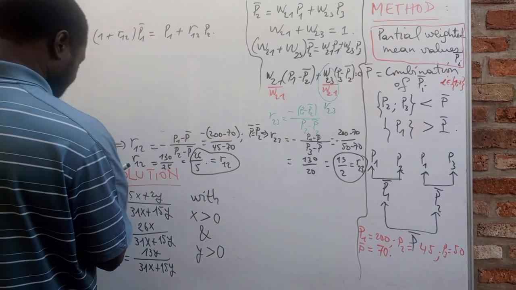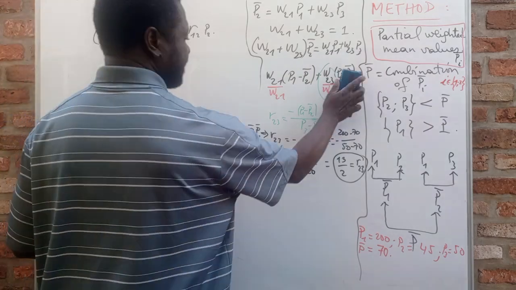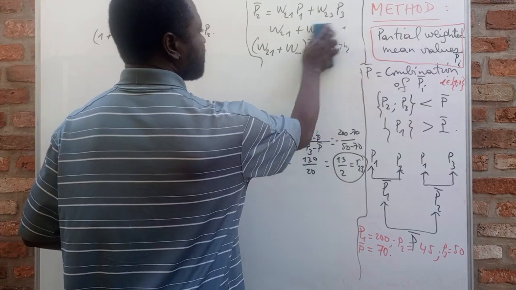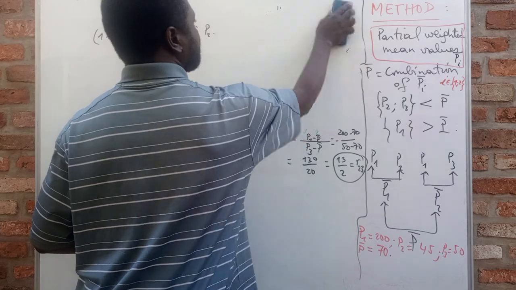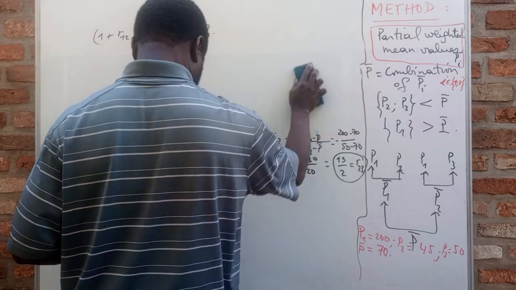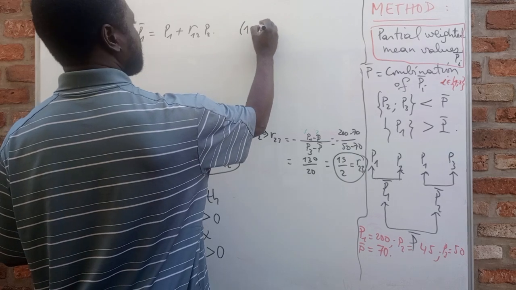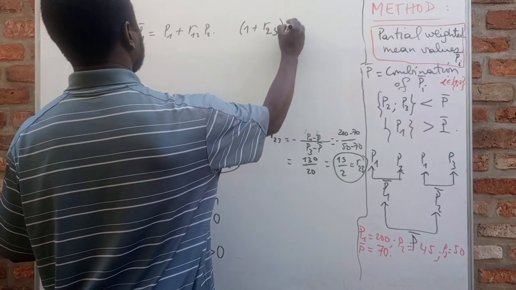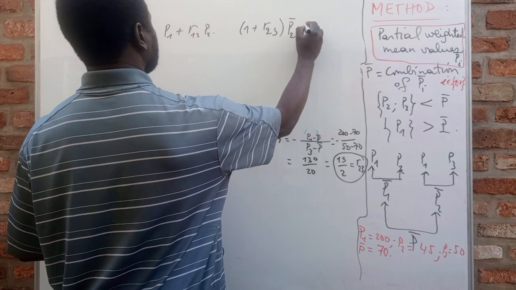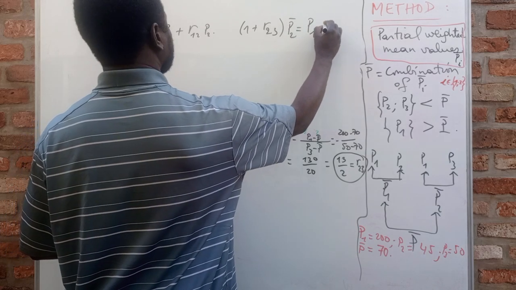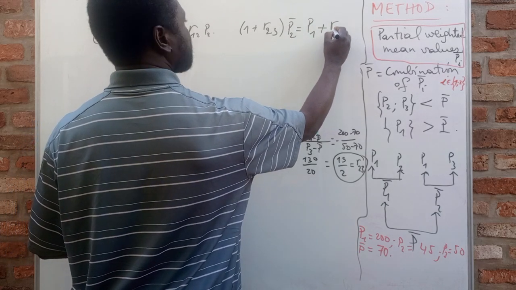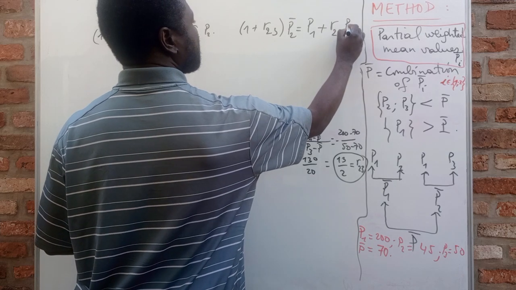On the other side, similarly, for the second weight we'll have 1 plus R23 factor of P2 bar is equal to P1 plus R23 P3.